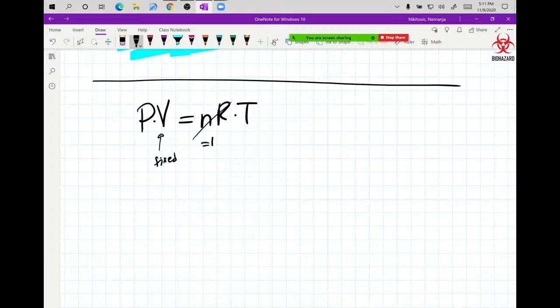So you can think of the volume of the tire to be constant because it's inflated all the way and there's no more room for expansion. Those tires are also rated for a certain amount of PSI of pressure, and if the pressure goes above what the tire can withstand, the tire will explode.